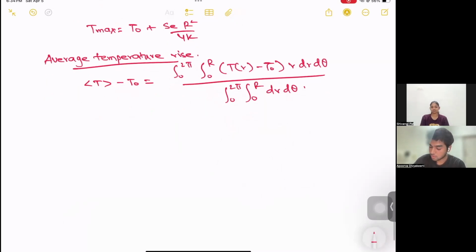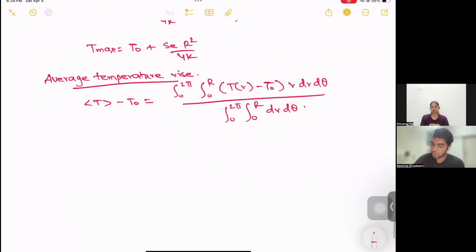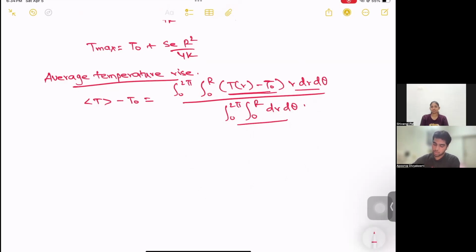Now you'll be wondering, what is this? Basically, this is for the differential part, the temperature rise in the differential part. We multiply this by the differential area and then divide by the total area, so we get the average temperature. The basic thing happening is total temperature rise divided by total area. Now, why the limits?